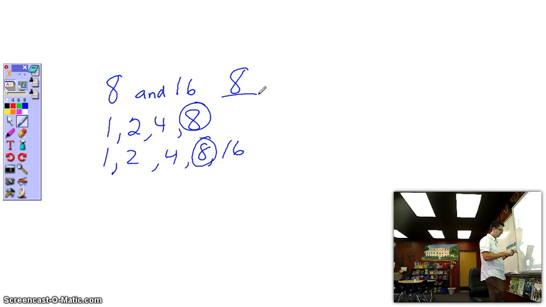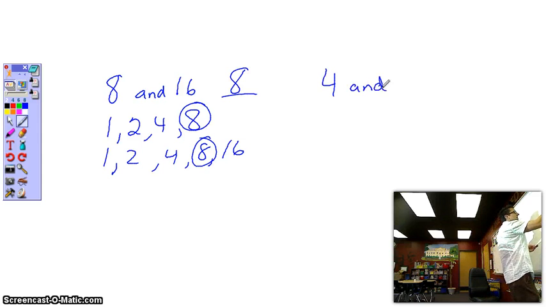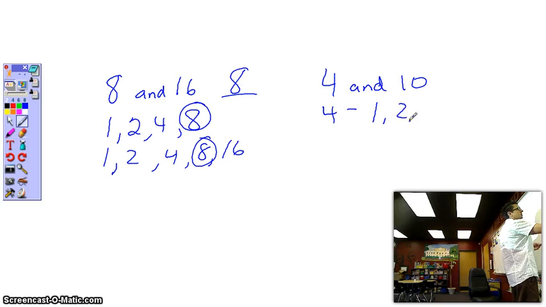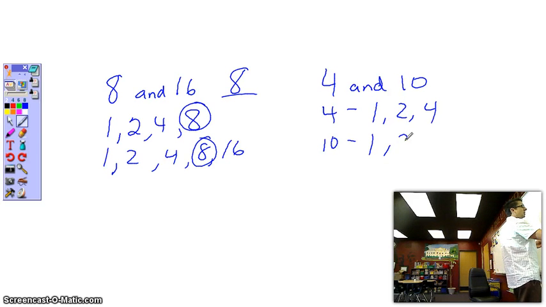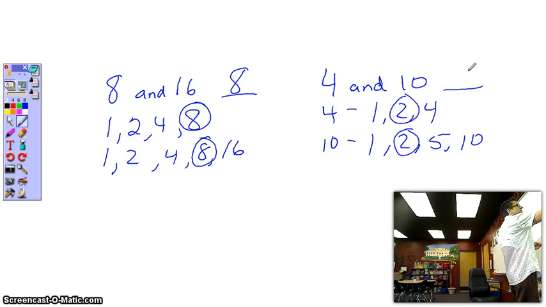So that's what you should have filled in for the first problem. Factors of 4 and 10. Factors of 4 are 1, 2, and 4, of course. Factors of 10 are 1, 2, 5, and 10. And the greatest number in both lists would be 2.